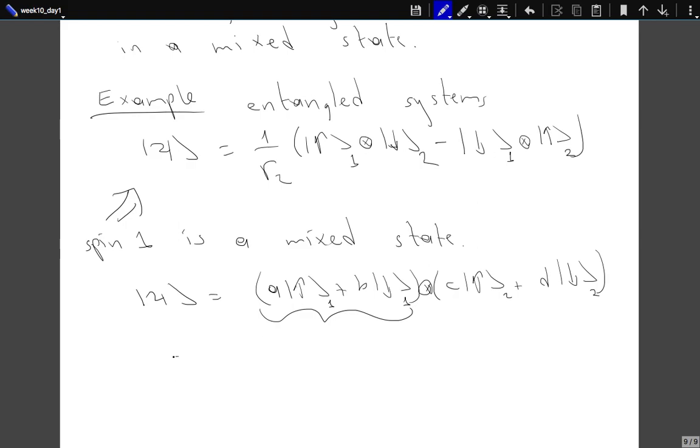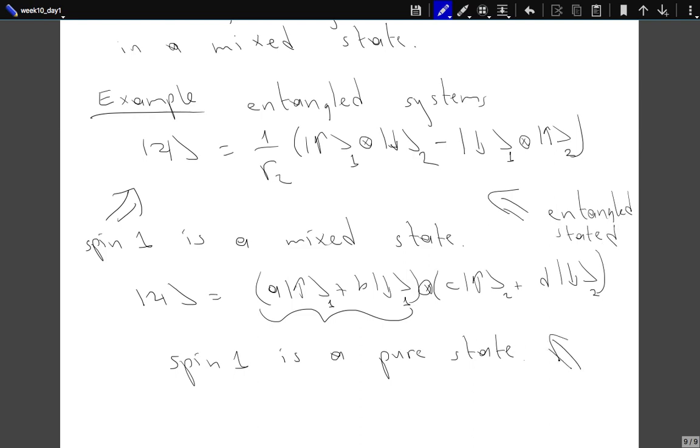So in this case, spin 1 is a pure state. The first is also called an entangled state. This is an unentangled state.